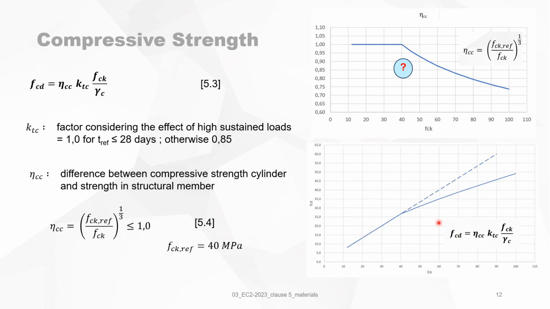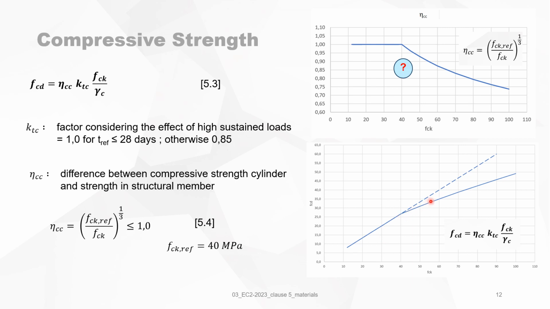Now you can put it in the formula of fcd, and then you will see the effect immediately. This is the concrete grade, and this is the design value of the concrete compressive strength. From 0 to 40, it is the same. There's no problem there. And the dotted line is in fact what this was in the previous code, 2004.